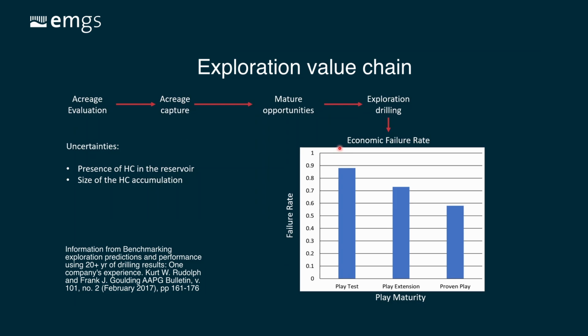These uncertainties can be very quickly summarized in our assessment of whether there is a hydrocarbon accumulation. So the presence of a hydrocarbon accumulation is challenging to predict. And the size of the hydrocarbon accumulation, if there is one, is also very difficult to predict.